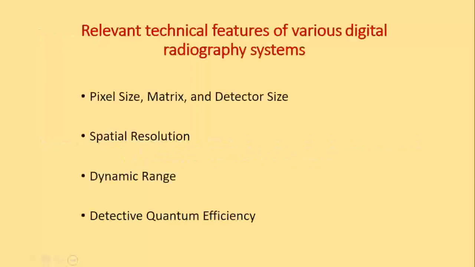So with that basic background, there are just four other new terms introduced to you, and then you are all set to deal with CBCT. Some things you should know are pixel size and matrix, spatial resolution, dynamic range. We looked at dynamic range already, the wide dynamic range that shows you a lot of grayscales. And finally, something called DQE or detective quantum efficiency.